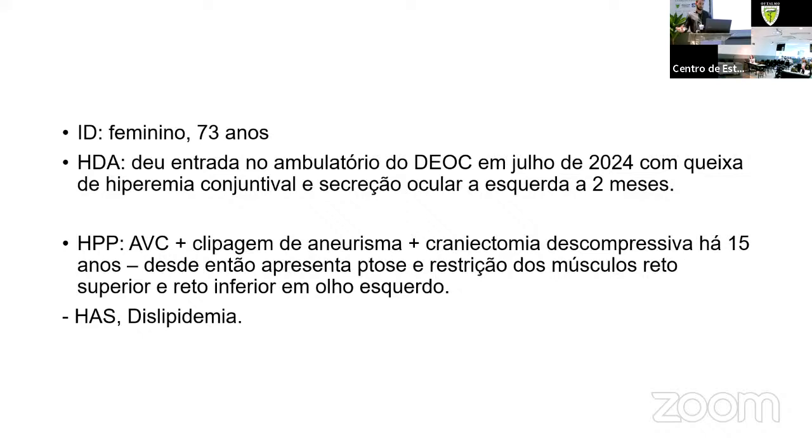She had a stroke, and after this stroke, she presented with ptosis and dysfunction of the superior rectus muscle and the inferior rectus muscle in the left eye. She also had systemic hypertension and dyslipidemia.